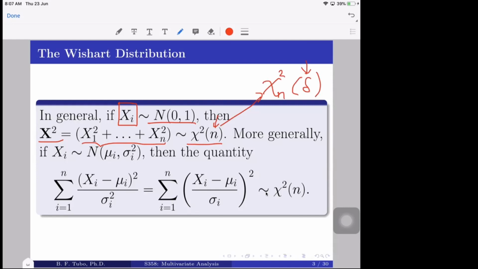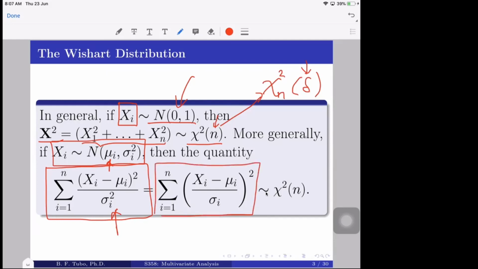And if the x's now are no longer standard normal, but have a mean mu i and variance sigma squared i, then this transformation for your x, the square deviations from the mean standardized by dividing by its variance, is this type of transformation of your x.